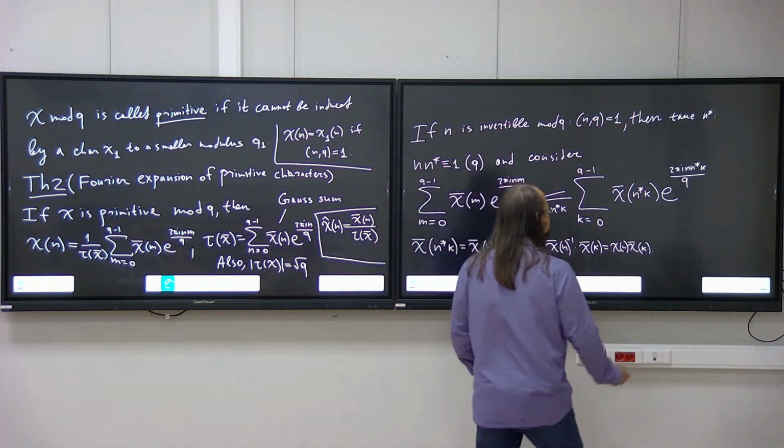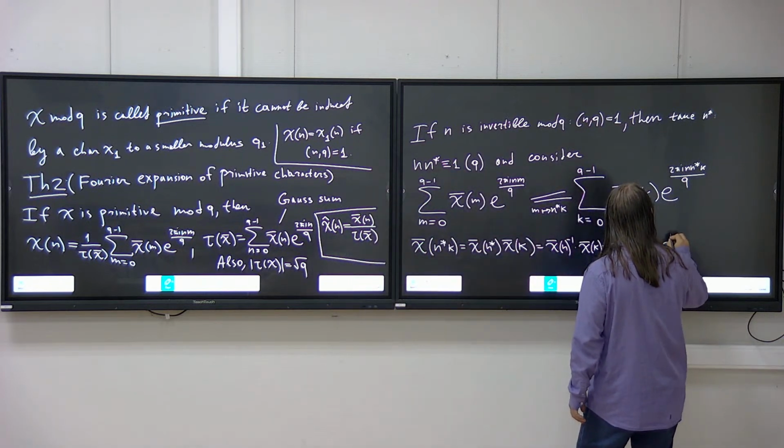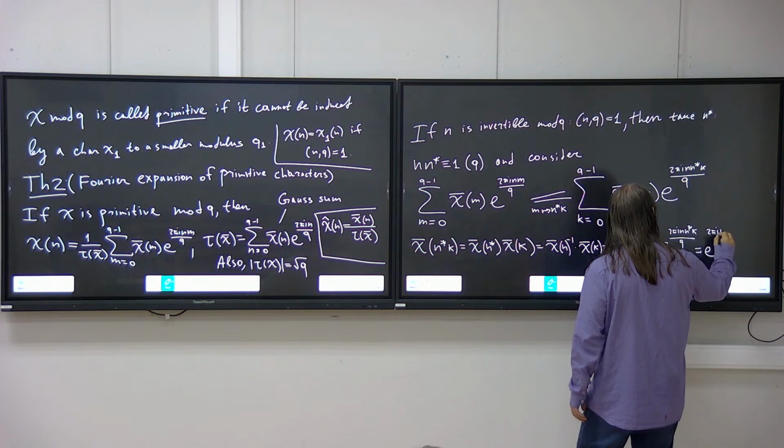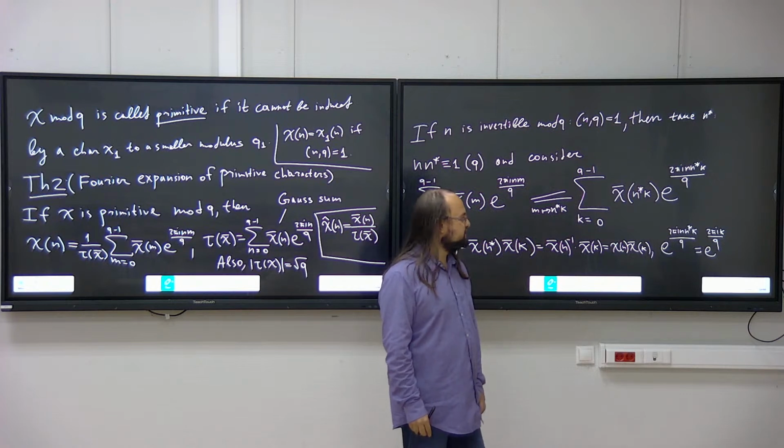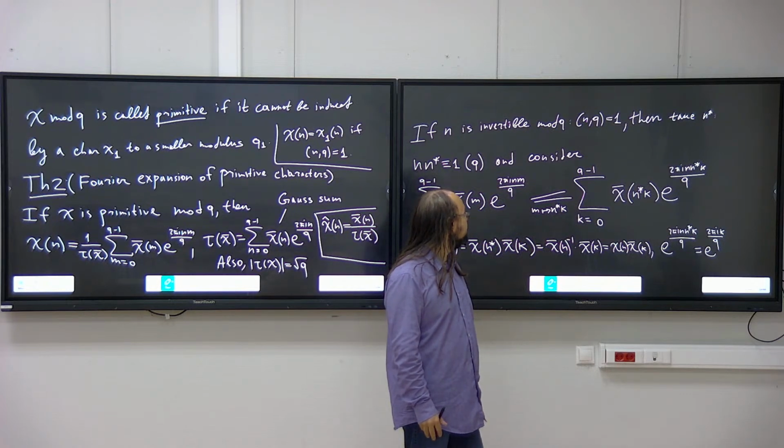Also e to the power 2 pi i n star k divided by q is the same as e to the power 2 pi i k over q. This is because n star is congruent to 1.